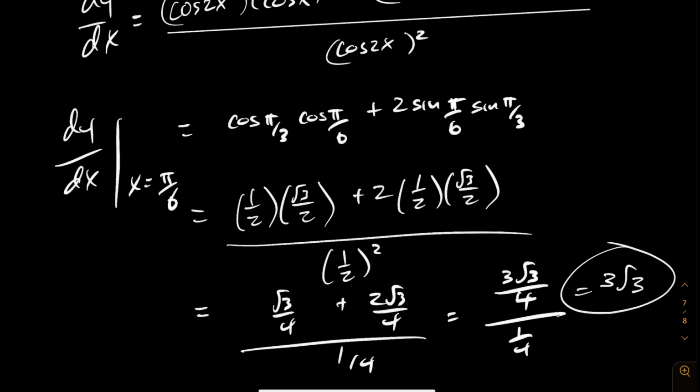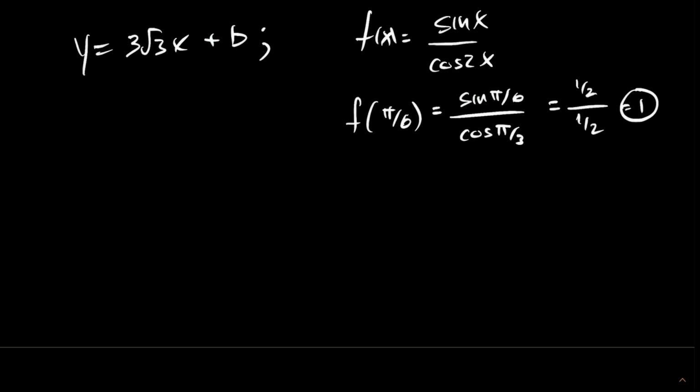Let's go ahead and find the equation of this. So subbing our slope in here, we get y equals 3 root 3 x plus my y-intercept. Notice the corresponding point here was pi over 6 and 1. So I'm going to sub the point pi over 6 and 1 into the expression, and we end up getting 1 equals 3 root 3 times pi over 6 plus my y-intercept.